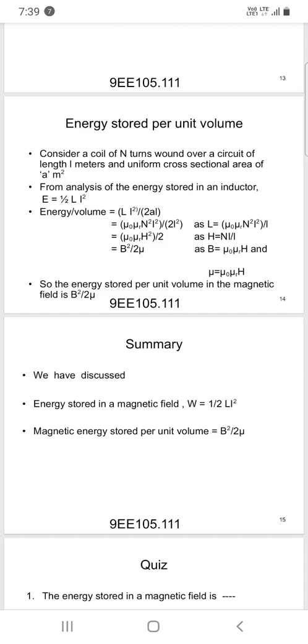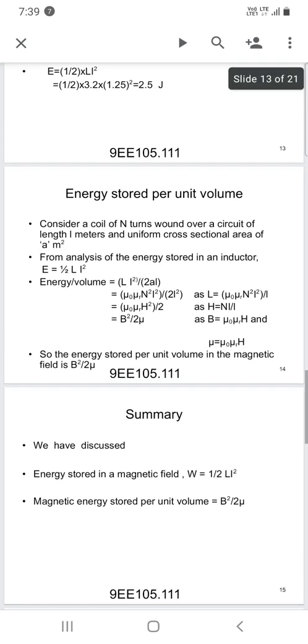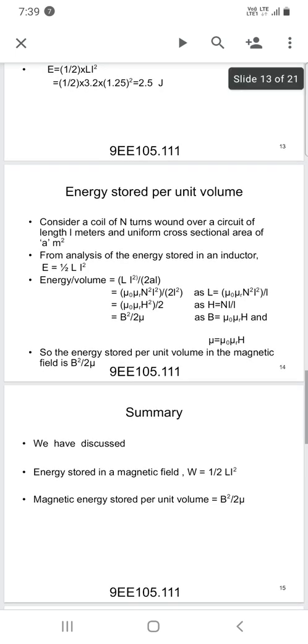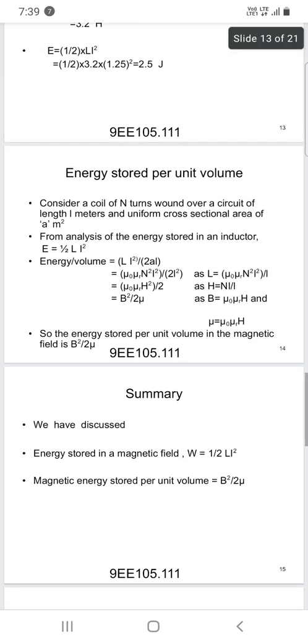Next, energy stored per unit volume. Consider a coil of N number of turns wound over a circuit, of length l meter and uniform cross section area A meter square.